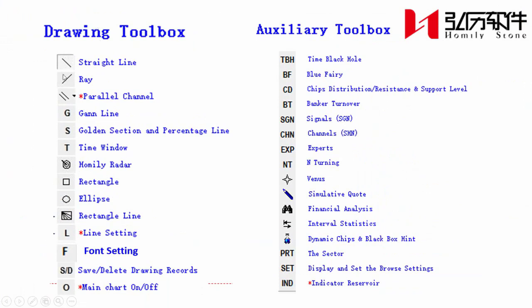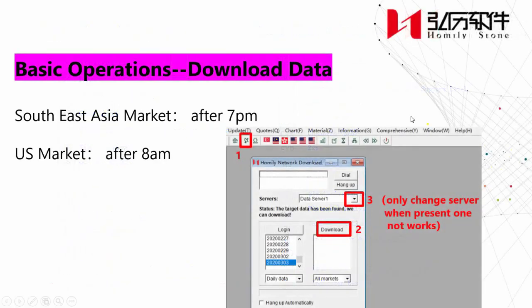So the trend line, the pipeline, the guideline, and even some space and time, all the drawing is here. And the homely feature indicators, the signals, the channels, the experts, even other feature indicators, all here. Auxiliary toolbar, the drawing toolbar: whichever we need, we just click, and it will appear. And we click again, it will disappear.